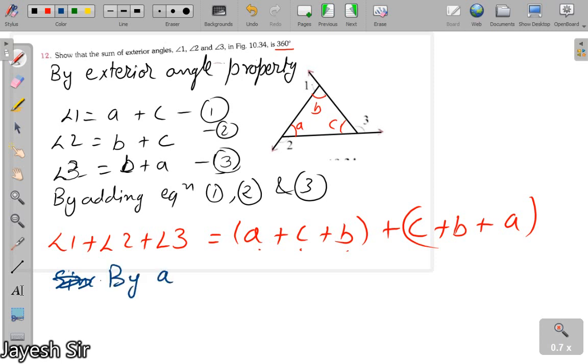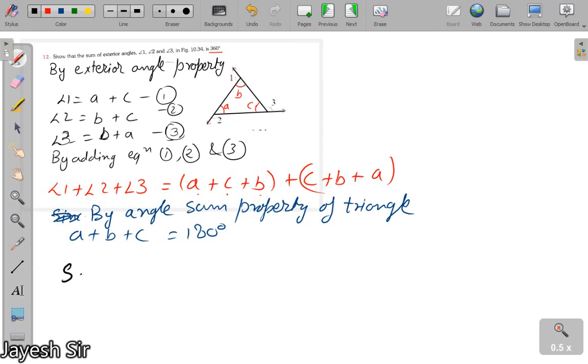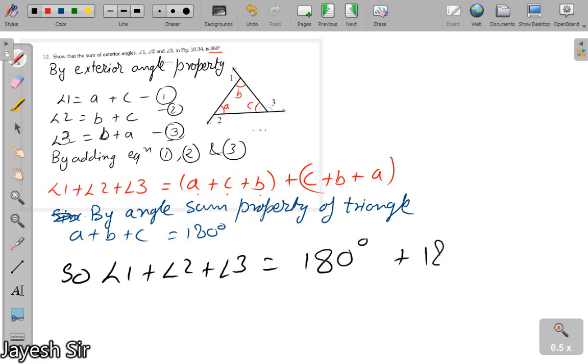By angle sum property of triangle, A plus B plus C is equal to 180 degree. So using this, angle 1 plus angle 2 plus angle 3 will be equal to 180 degree plus 180 degree, that is 360 degree.